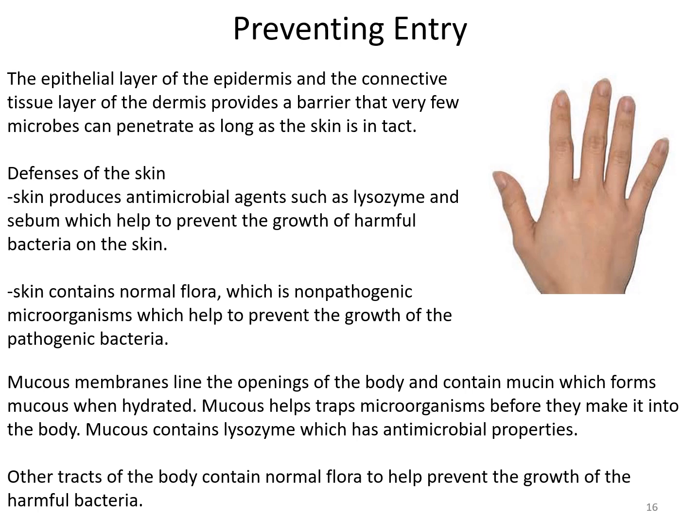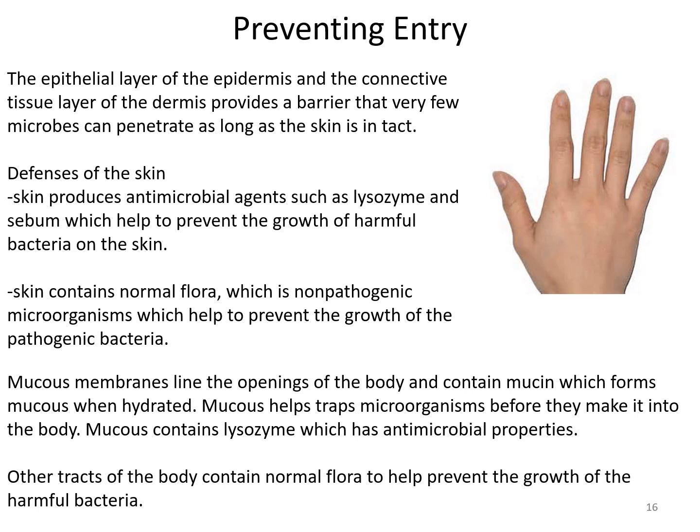So for our innate immune response, the first line of defense was preventing the entry of harmful substances into our body. So we have our epithelial layer of our epidermis and connective tissue of our dermis that provides that actual barrier that very few microbes can actually get in, assuming that the skin is intact. Of course, once we cut our skin and we get an open wound, anything is fair game.